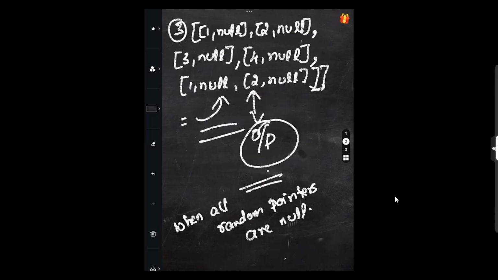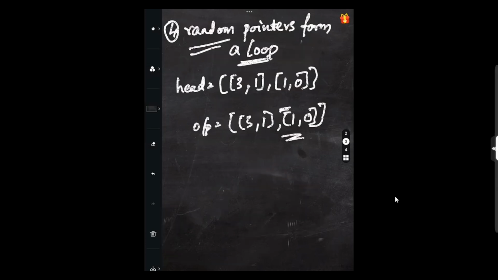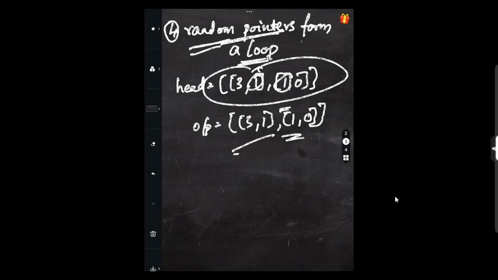The third is when all the random pointers are null. And the fourth is when random pointers form a loop or point back. The output would be the same. These are the 4 edge cases that we need to keep in mind.